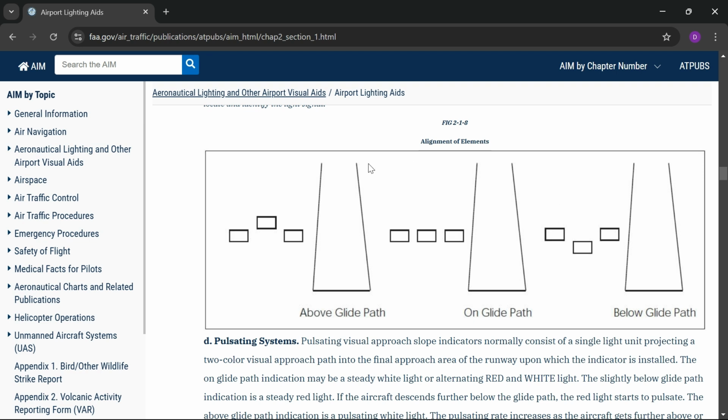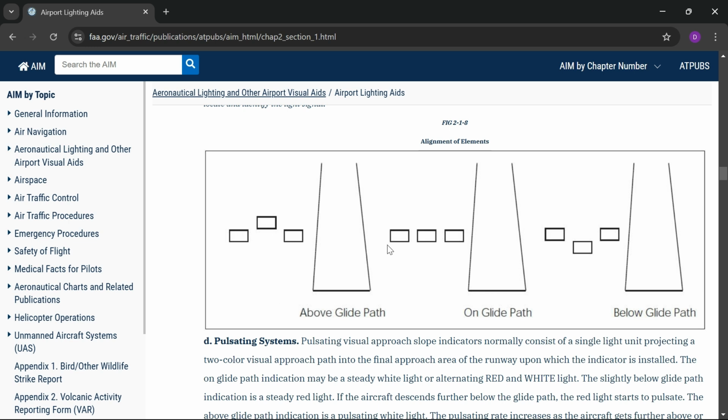So we'll go back to this. So basically, from what they said, sometimes they're just a piece of plywood on a stick in the ground. And what you do is you position your aircraft so that it appears that they are aligned. So if you're above the glide path, the middle bar will be past these two bars.